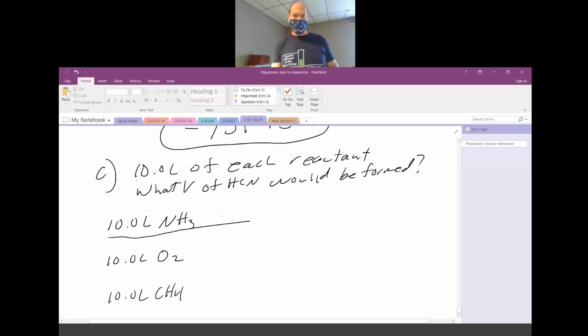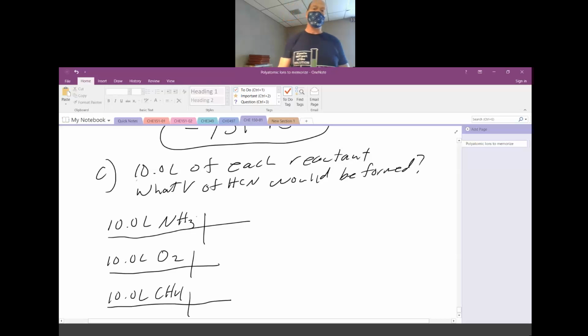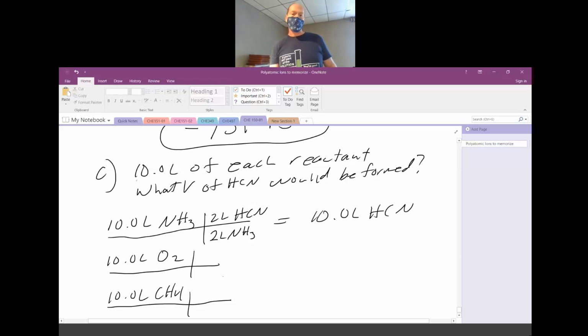Since everything is gases, we see the coefficient of 2 in front of the NH3, so 2 liters of NH3 would produce 2 liters of HCN. This would give us 10 liters of HCN. We have a coefficient of 3 in front of the O2, so 3 liters of O2 would produce 2 liters of HCN.